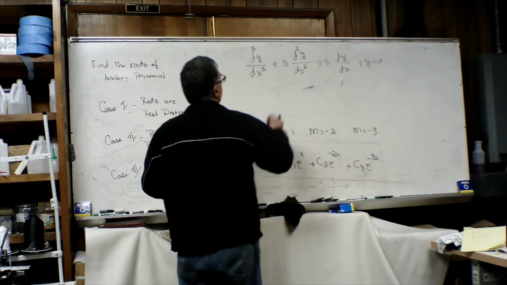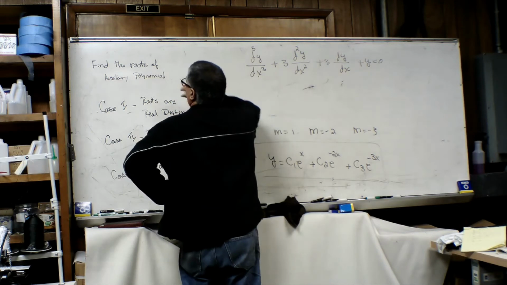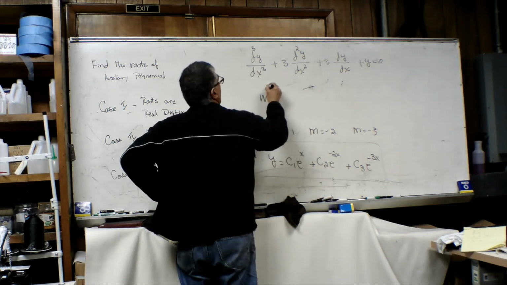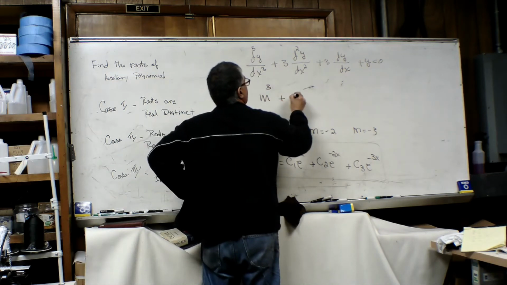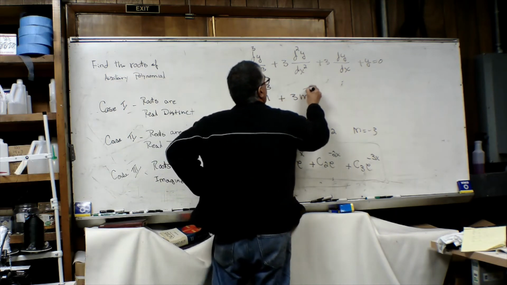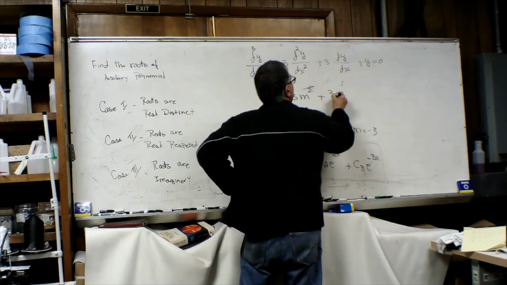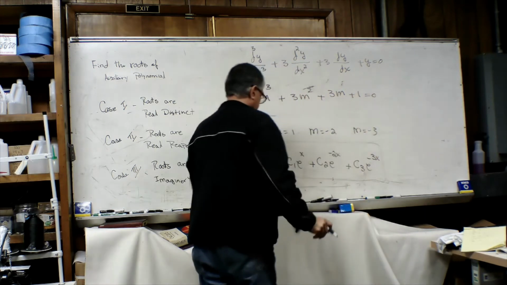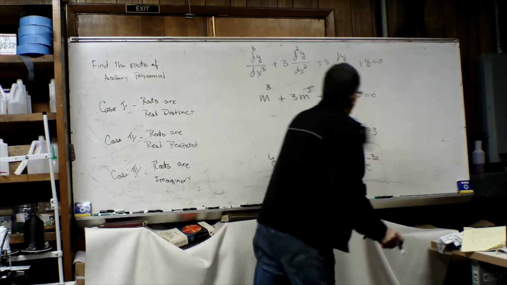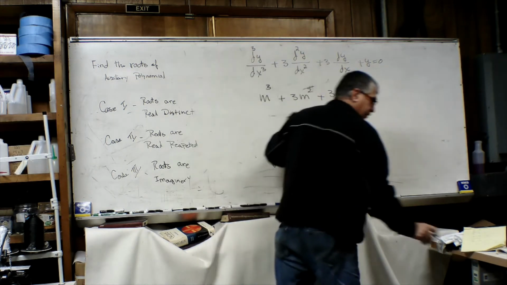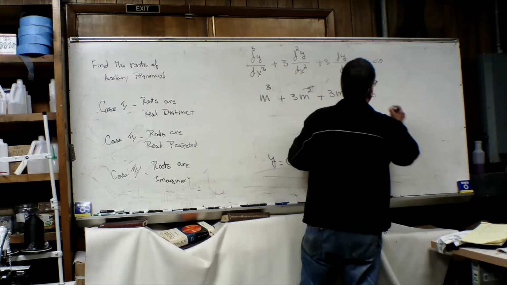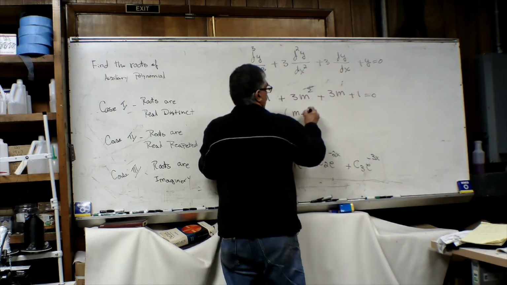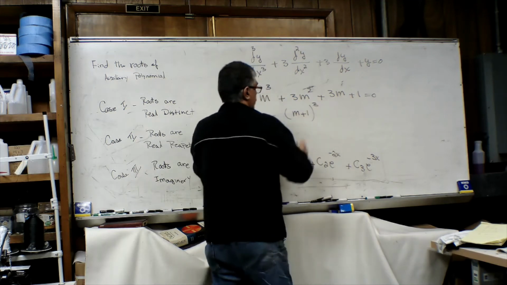So we can write the auxiliary polynomial for this differential equation as m cubed plus 3m squared plus 3m plus 1 equal to 0. Once we factor this out, we have m plus 1 cubed.